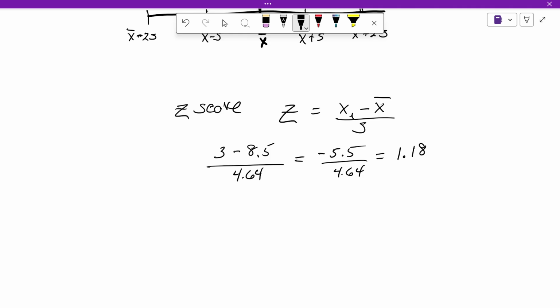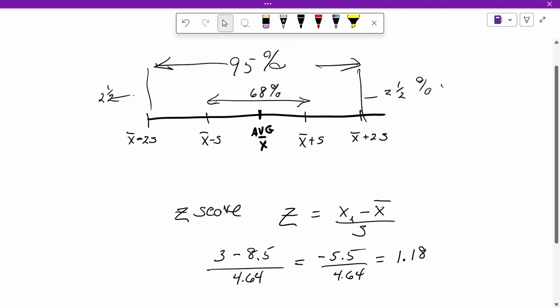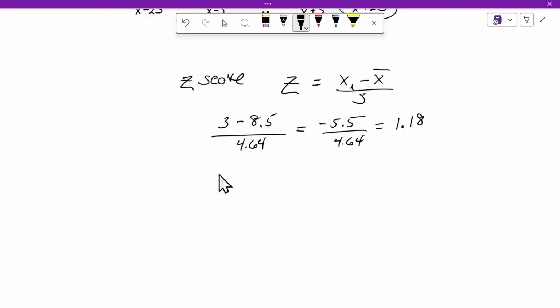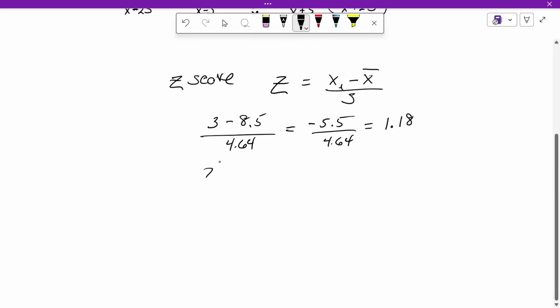When you look at this, what's the z-score going to be for a number 2 standard deviations above the average? Here I've got a number x bar plus 2s.